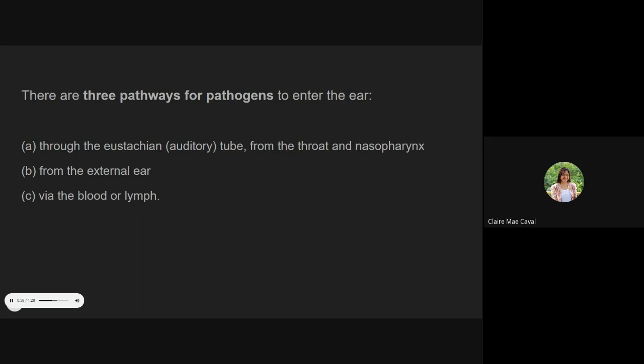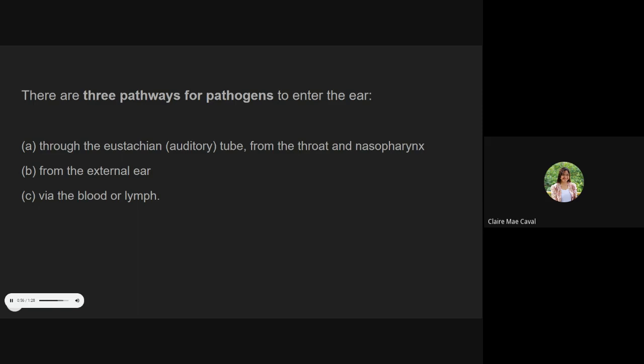Okay, so in here, through the eustachian auditory tube from the throat or the pharynx and the nasopharynx. So when there is a bacterial infection in your pharynx or throat and the nasopharynx, it causes your eustachian or auditory tube to close.